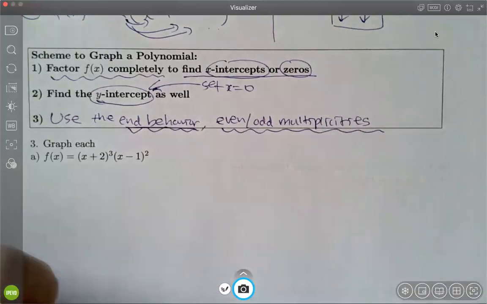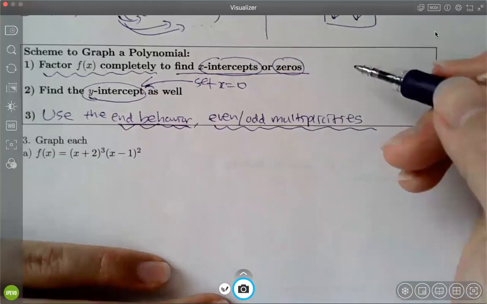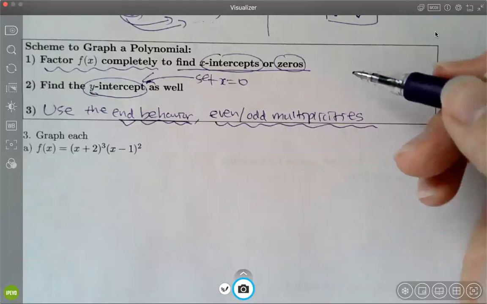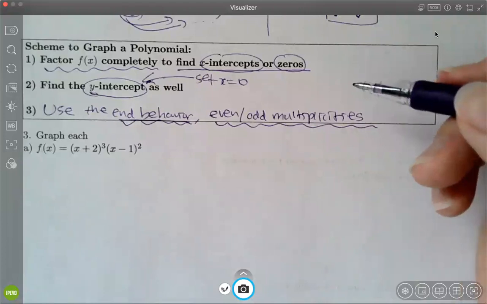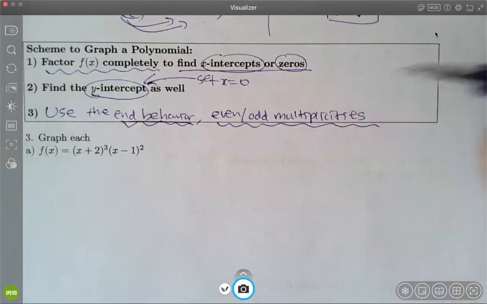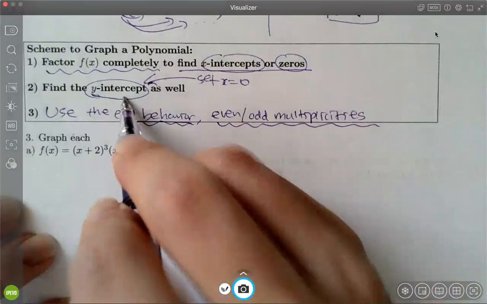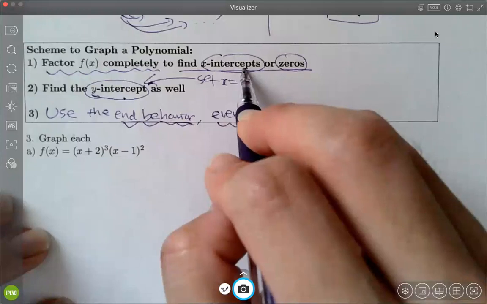Let me tell you, for graphing polynomials, when you graph a line, you needed 2 points. When you graph a parabola, you needed 3 points. Remember, parabola means quadratic function whose degree is equal to 2. So maybe you can take a guess. How many points are we going to need for graphing a cubic function, degree 3? You need 4. That's 1 point, and then the x-intercepts, well, maybe there are 2 or 3 x-intercepts.